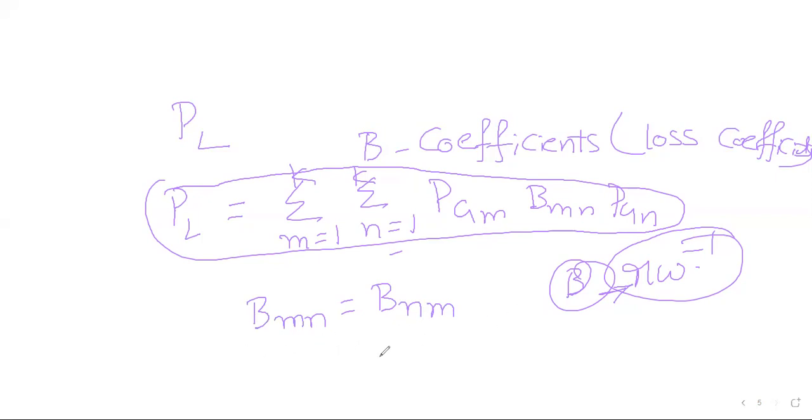In matrix form, this transmission loss can be expressed as PL equals PG transpose B into PG.